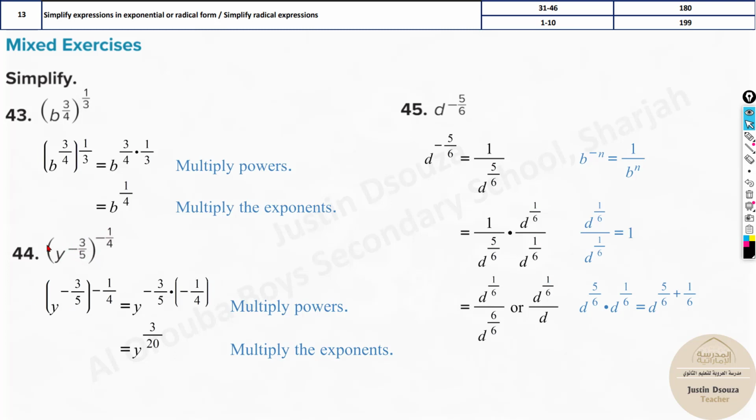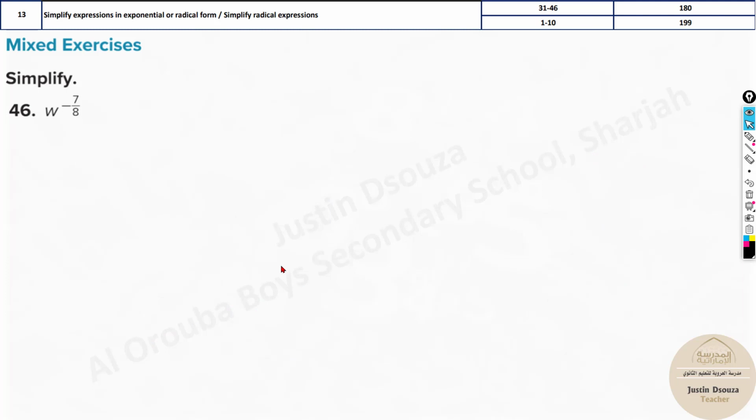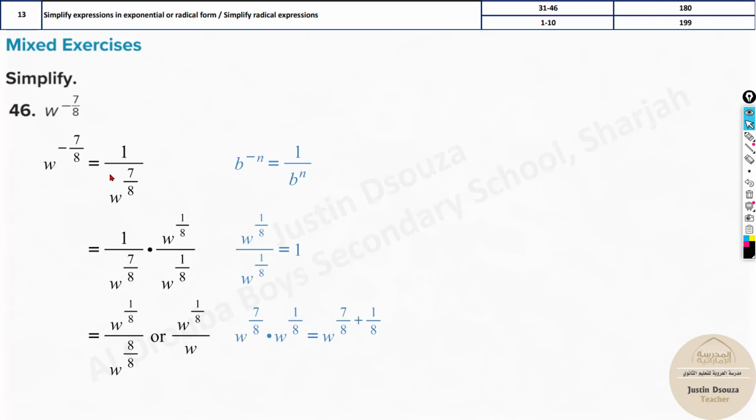Don't take 1 divided by, no. Multiply the powers. Minus and minus become plus. The answer is 3 by 20 over here. That's the concept. So that's how we do it. And we can see the other. This is again just 1 divided by w to the power 7 by 8. That's it. 1 divided by.